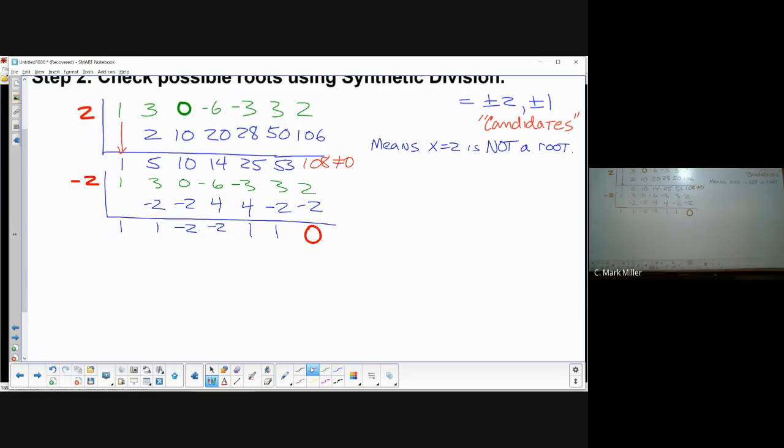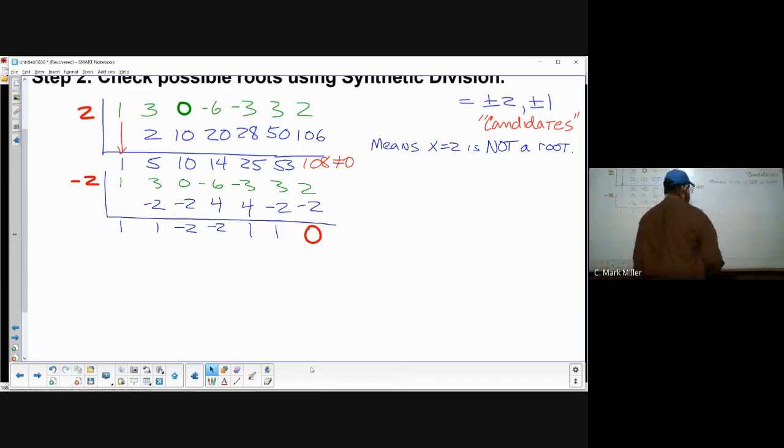What does this mean? Now we're going to go back to the most important slide of the chapter. I forget which one that is, but it's one with like a heart on it or something, right? Most important slide of the chapter. If the remainder is 0, this means -2 is a root.